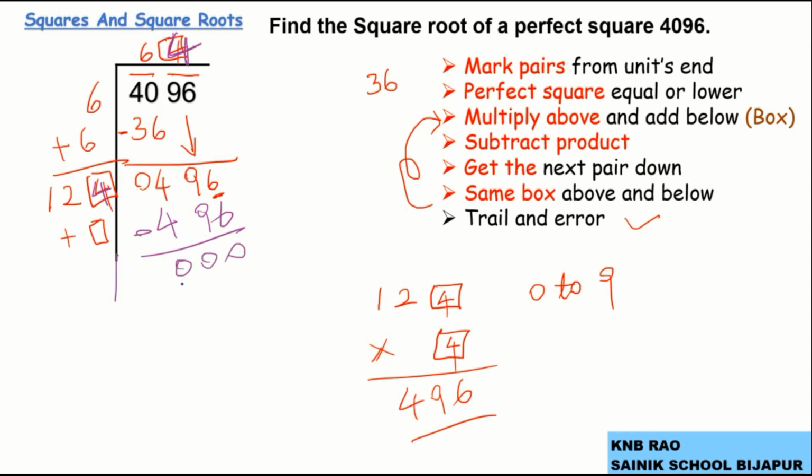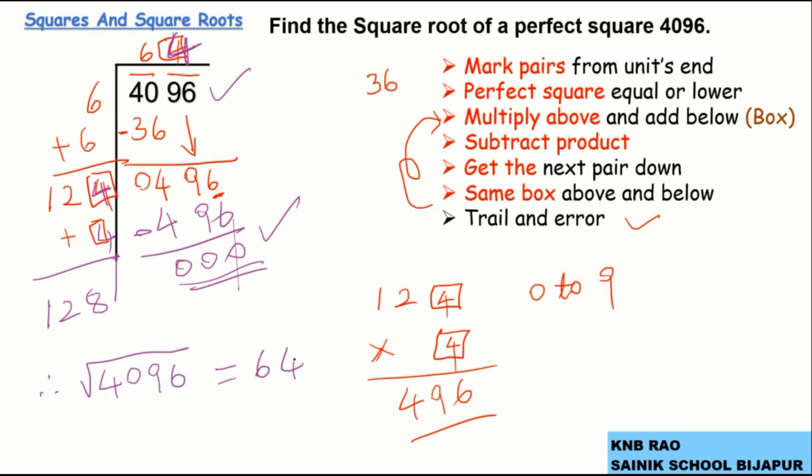The moment we get 0 as the final remainder, that means this given number is a perfect square, and we have got 4 added below to 124, 4 added becomes 128, the product multiplied already subtracted. Now we know that the given number is a perfect square and its square root is 64.